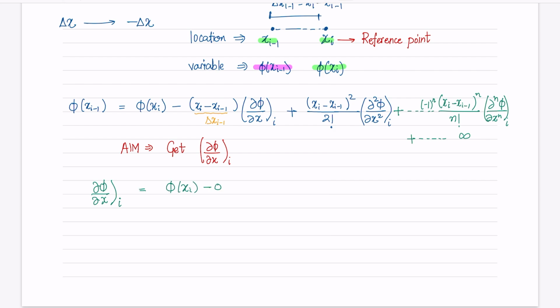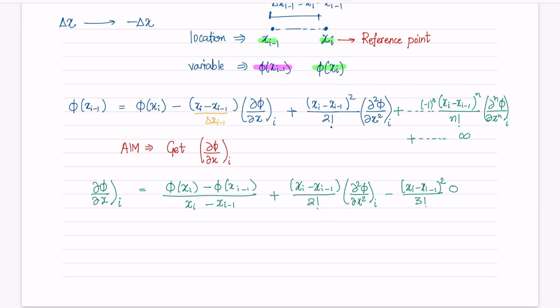It simply means phi of xi minus phi of xi minus 1 divided by x of I minus x of I minus 1. And this time the first term here would be x of I minus x of I minus 1 divided by 2 factorial multiplied by the second derivative and so on. And the third term would be a negative this time. It would be xi minus 1 squared over 3 factorial times the third derivative.